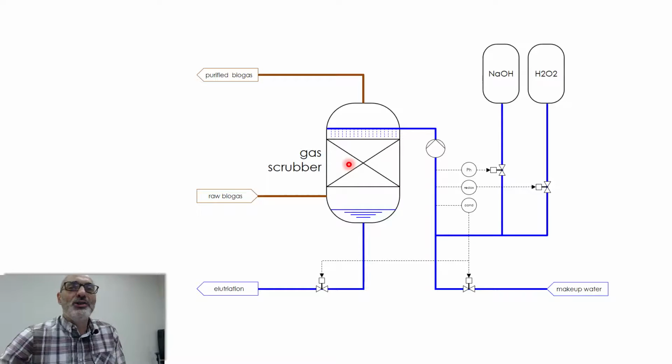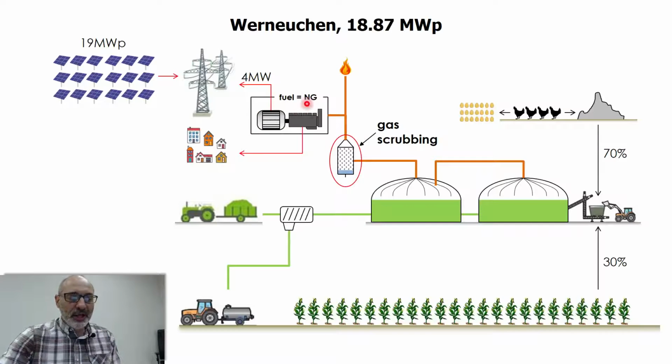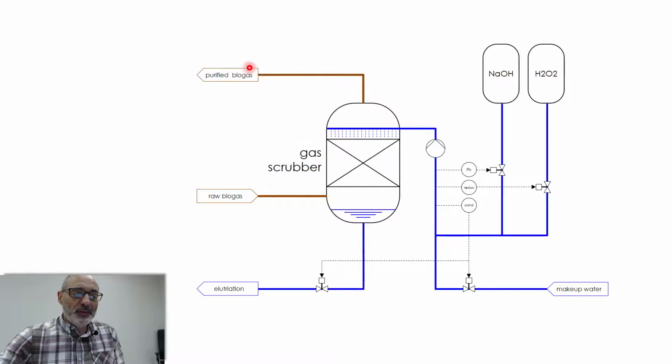So the idea is that a gas scrubber is like washing gas with water droplets. So here, theoretically, you have a gas purified and enriched in terms of energy that you can send, going back one slide, to your machine, in this case an internal combustion engine. At this point, you could compress this gas and sell it as a vehicular fuel. This is being done.